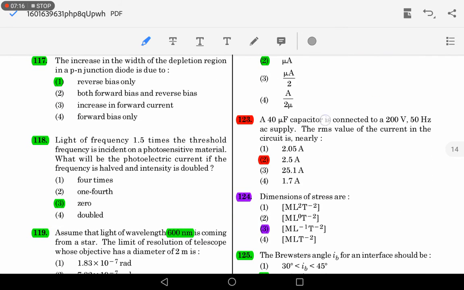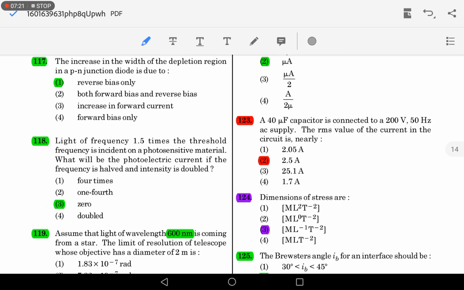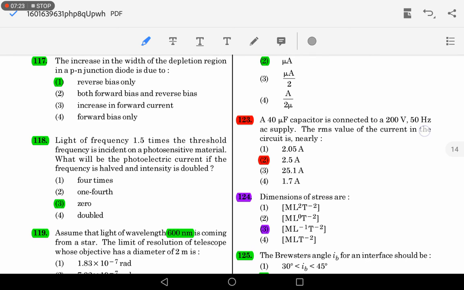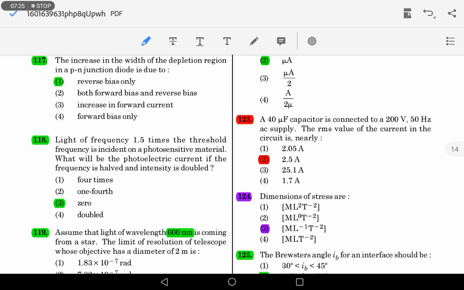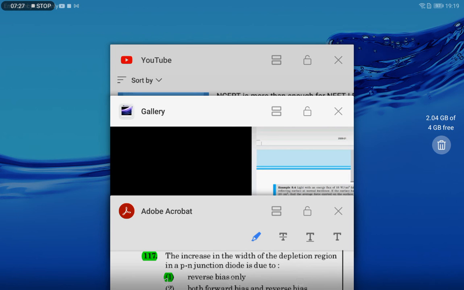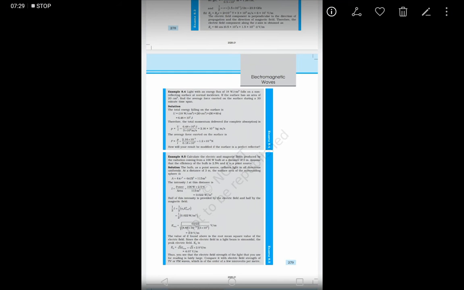A 40 microfarad capacitor is connected to a 200 volt 50 Hz AC supply. The RMS value of the current in the circuit. For the previous question, the formula for intensity is given in NCERT and there is a proof for this.